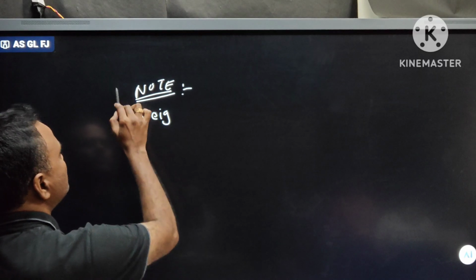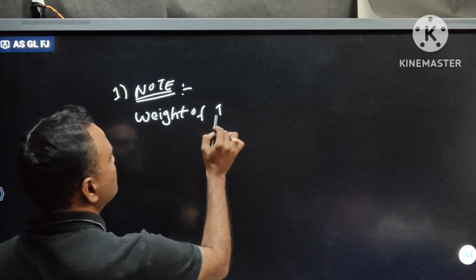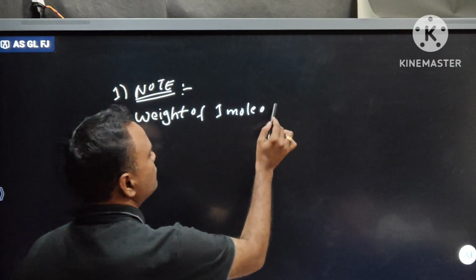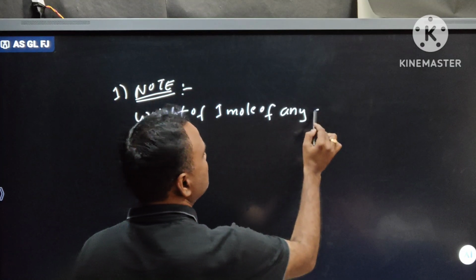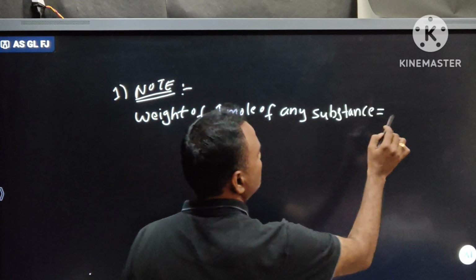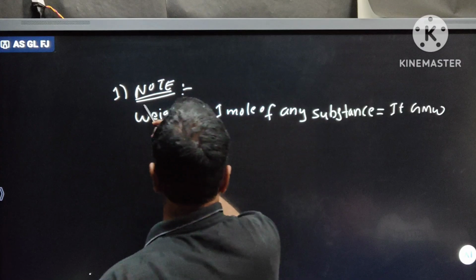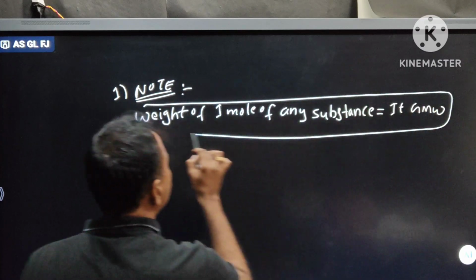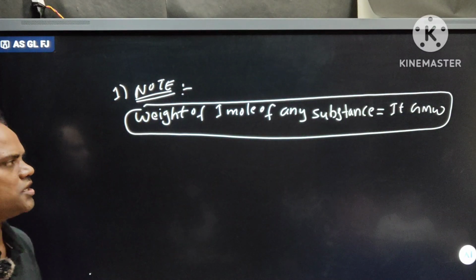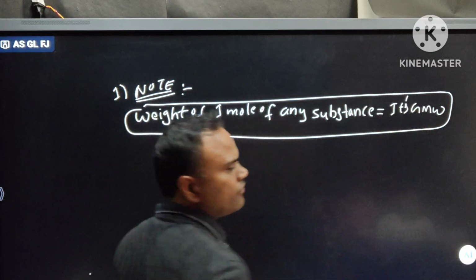Weight of 1 mole of any substance is equal to its gram molecular weight. Very, very important. Weight of 1 mole of any substance is equal to its gram molecular weight.